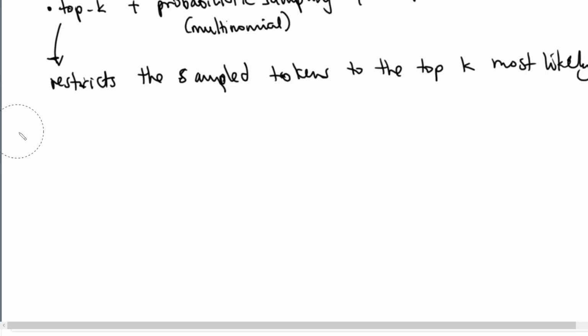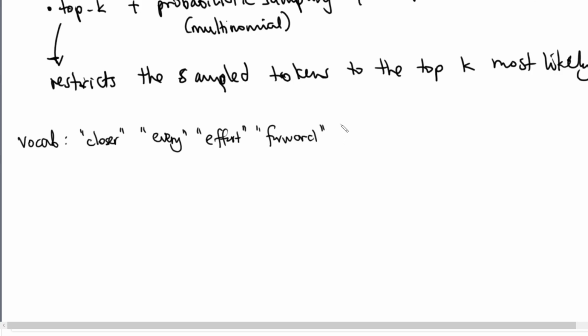Let's just write here. Imagine we have this. Oh no, I increased my pen size by mistake. So let me take it down to like 2.7, should be fine. All right. So imagine we had this as our vocabulary. We had closer, every, effort, forward, because the vocabulary will be in alphabetical order, right?